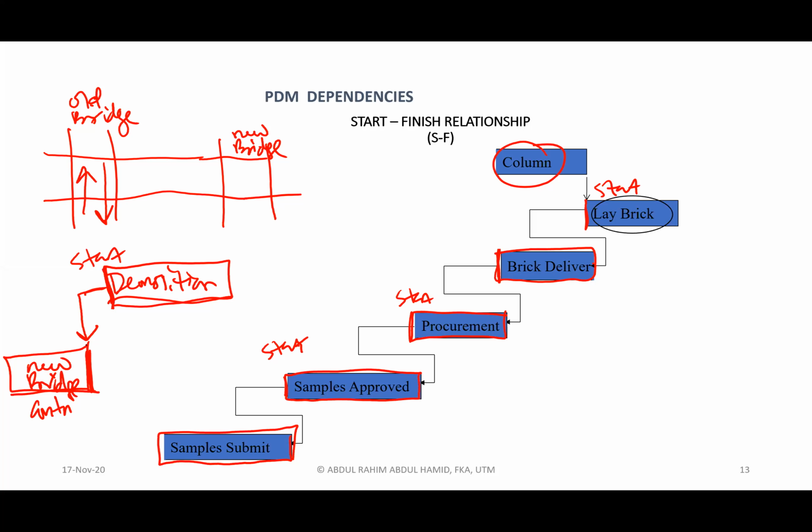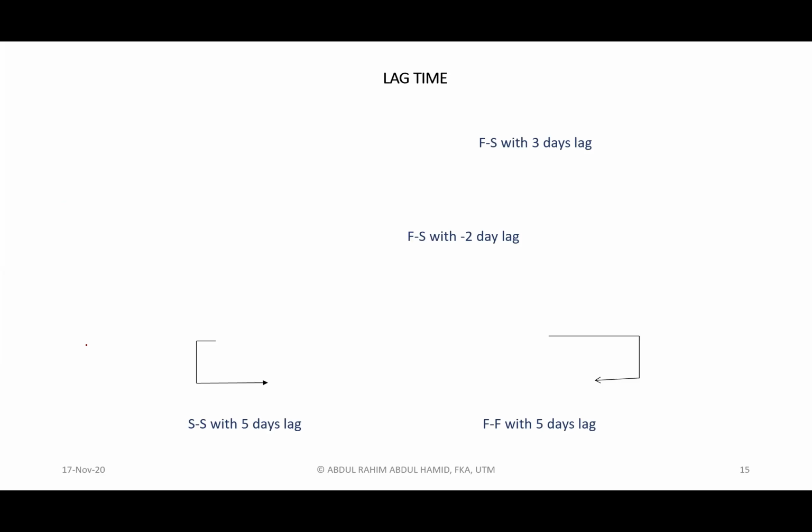That is an example of a finish to start relationship. Okay, but it depends. Some people simply use finish to start with another concept, the concept of what we call lag.